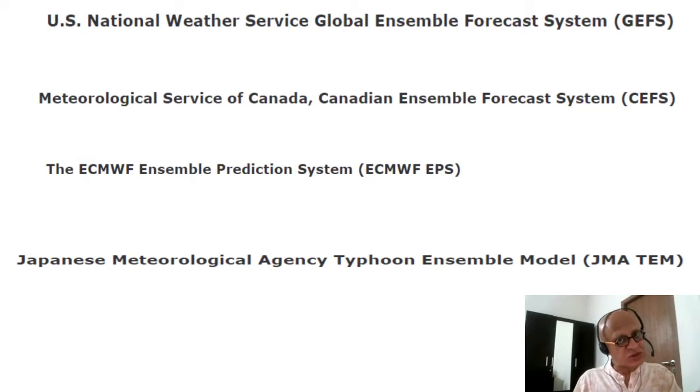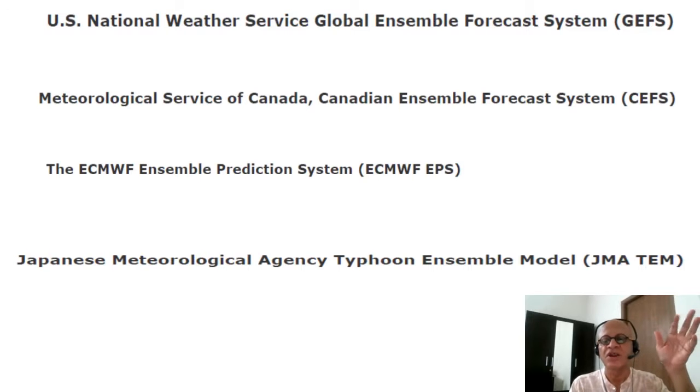Their vertical resolutions also tend to be different, and hence skills tend to be different, but the errors in tracks and intensities are considered random, and in general, when you produce consensus or multi-model ensemble forecasts, those errors tend to get cancelled. So the skill of the ensemble mean for a single model is better than that of the ensemble members, and the skill of multi-model ensembles or consensus forecasts tends to be better than individual models as well, because of this cancellation of errors.